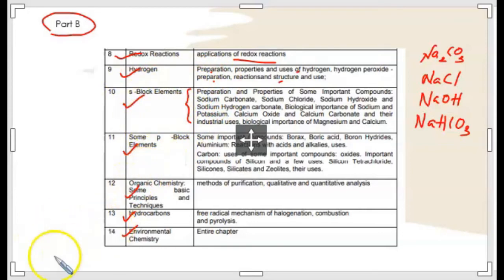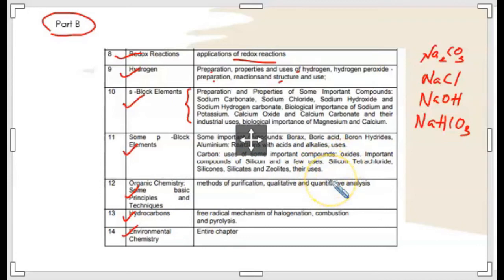And in some p-block elements, some important compounds like borax, boric acid, boron hydrides, and about aluminium, reaction with acids and alkalis and uses. And about carbon, the uses of some important compounds, oxides, important compounds of silicon, silicon tetrachloride, silicates and zeolites, and their uses are reduced.